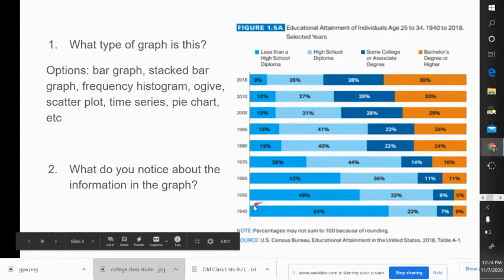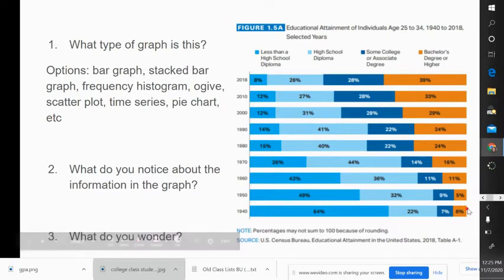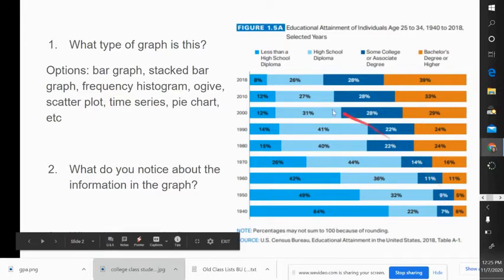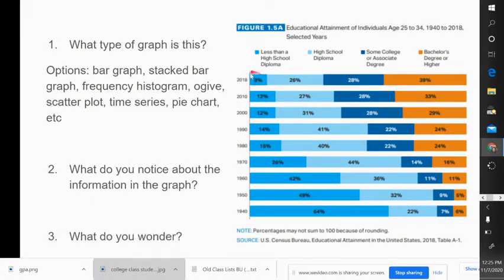You might notice that back in 1940, most people did not graduate high school. And a tiny percent of people back then would get a 4-year degree. You might notice that it's almost flipped, right? Now, 2018, closer to now, only 8% don't graduate high school.